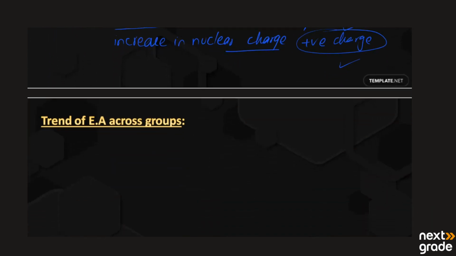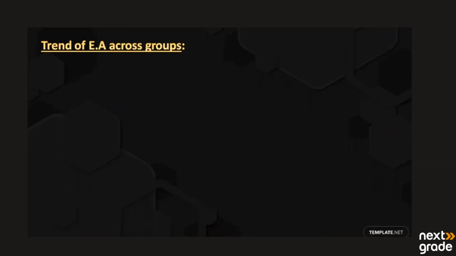Next, we have the trend of electron affinity across the group. What is the trend of electron affinity across the group? When we move from top to bottom, we have the structure of atoms like this. The first atom is hydrogen, with 1 electron in the valence shell. The second is lithium, with atomic number 3.